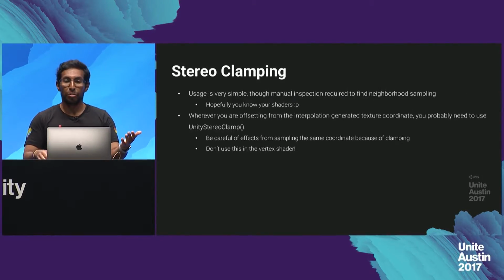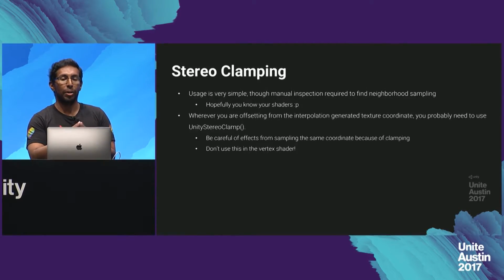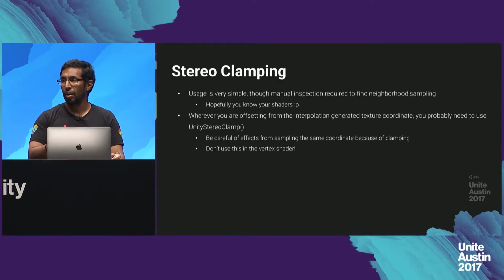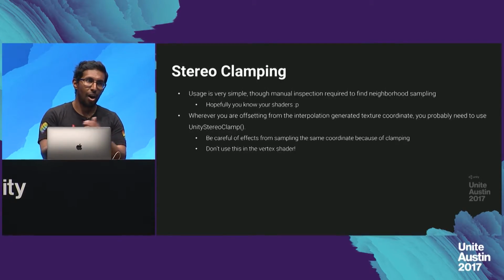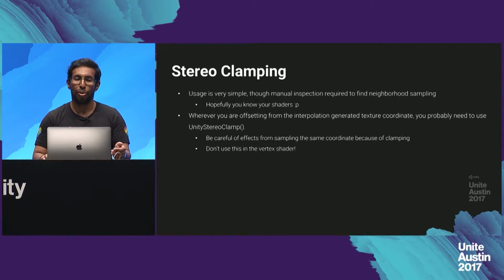So it's extremely easy to use. The only bummer with it is that it does require manual inspection. You need to know where in your shader you're doing your neighborhood sampling. So assuming you have been writing your own post-process effect, then hopefully you know where you're doing your neighborhood sampling. In our existing infrastructure, we're trying to get all this stuff ported over.